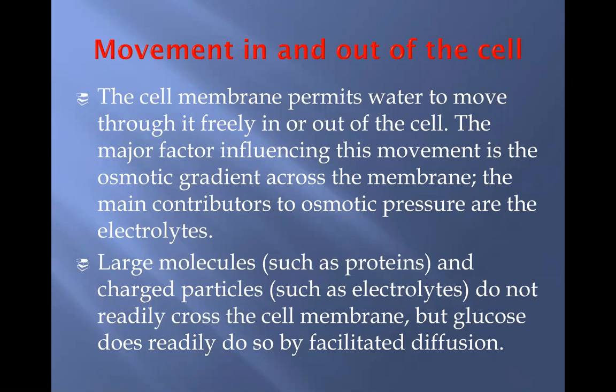The main contributors to osmotic pressure are the electrolytes, as we have mentioned. Large molecules such as proteins and charged particles such as electrolytes do not readily cross the cell membrane, but glucose does readily do so by facilitated diffusion.